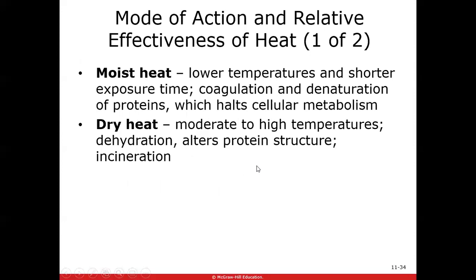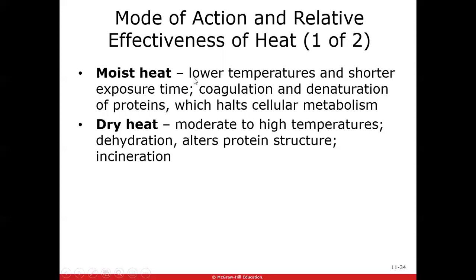And so effectiveness of heat, mode of action, relative effectiveness of heat. You have moist heat, which uses lower temperatures and shorter exposure time than dry heat. It causes coagulation and denaturation of proteins, which halts cellular metabolism.